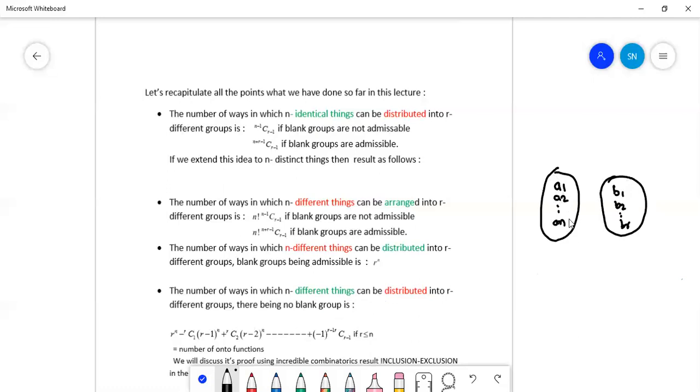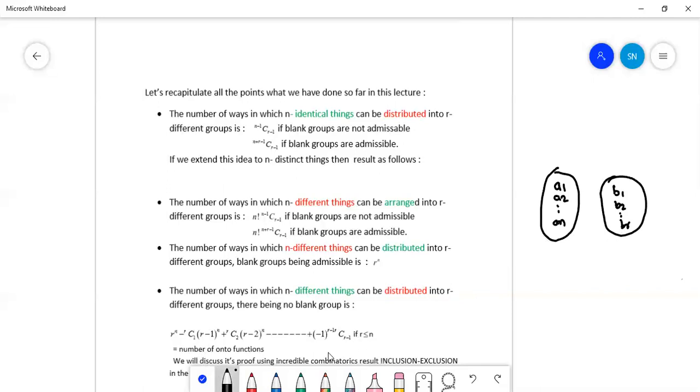So once again, I'm repeating the last point. You map these n elements with the elements of r in the second set such that no element in the second set is left. So that is nothing but an onto function. Codomain is equal to range. So the last case is related to onto function.